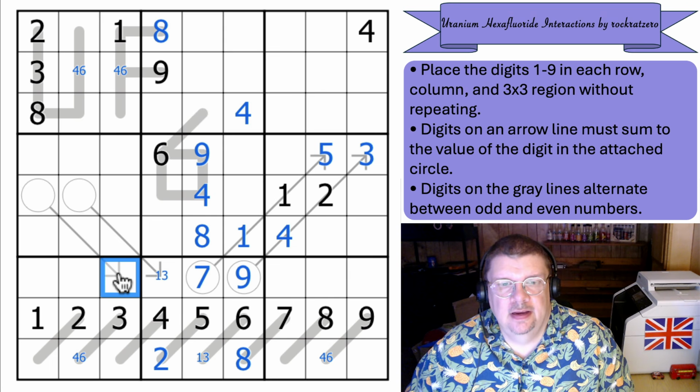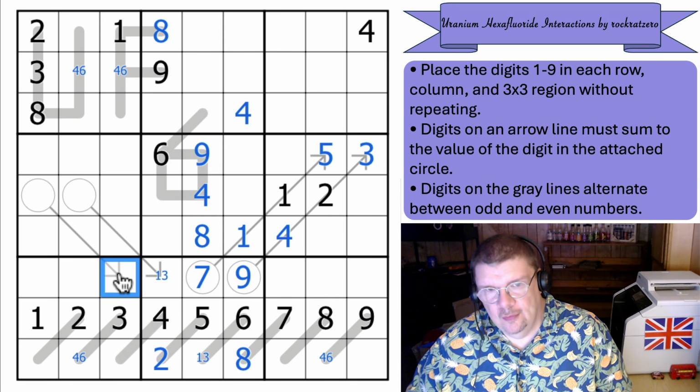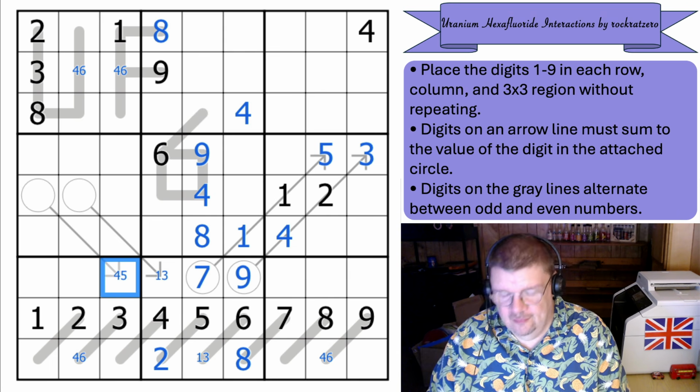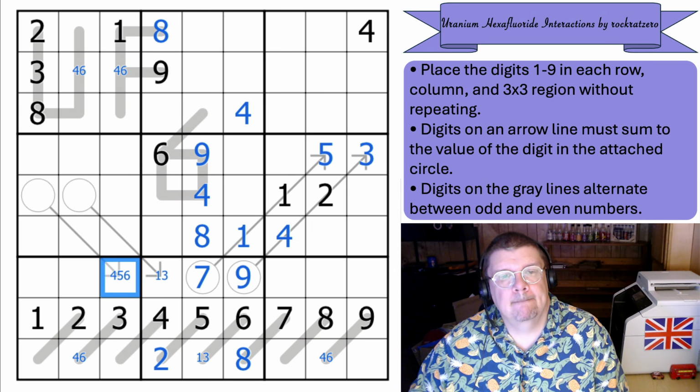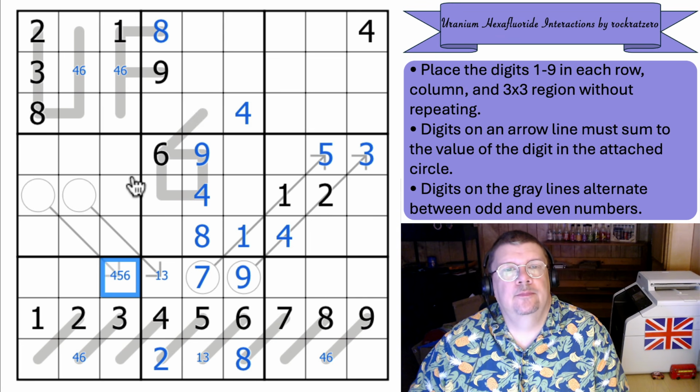So that can't be an 8, and it's at least a 4, and it can't be a 7 or 9, so that is from 4, 5, or 6. Okay. One of these two is a 3.